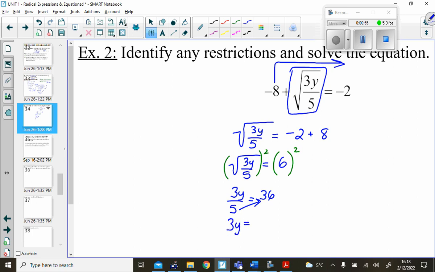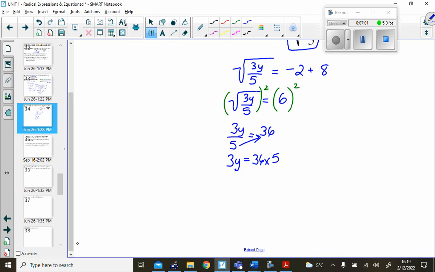So 3y equals 36 times 5. So 3y equals 180. Divide by 3, and you get 60.